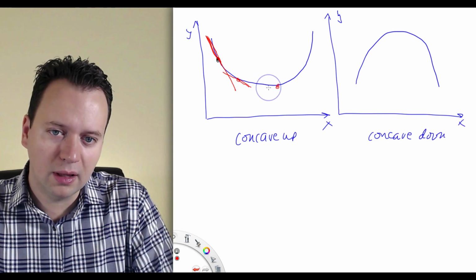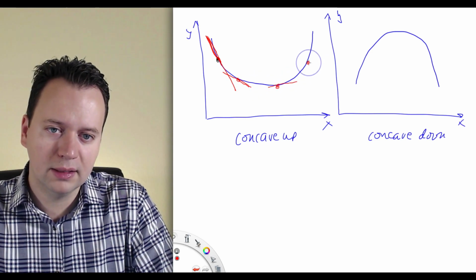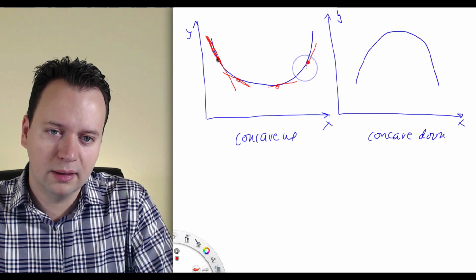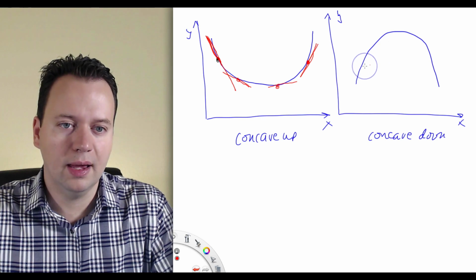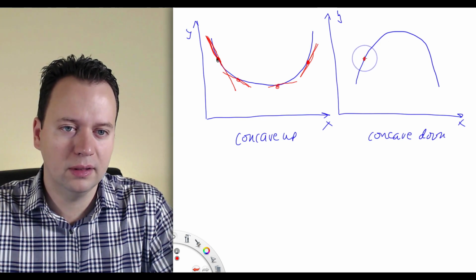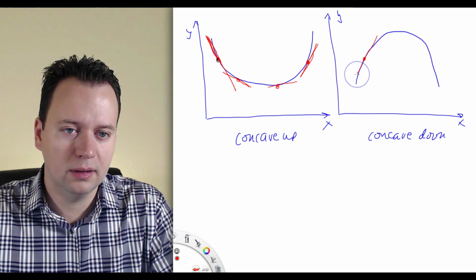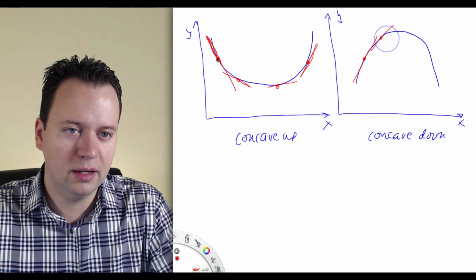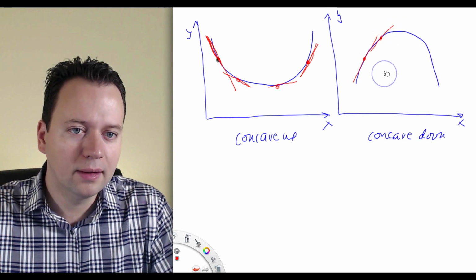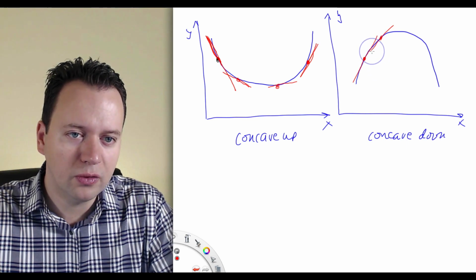Here the tangent line is like this, here the tangent line is like that. Okay, then for concave down, the tangent line here is like that. I'm doing a better job drawing them over here. The tangent line here.